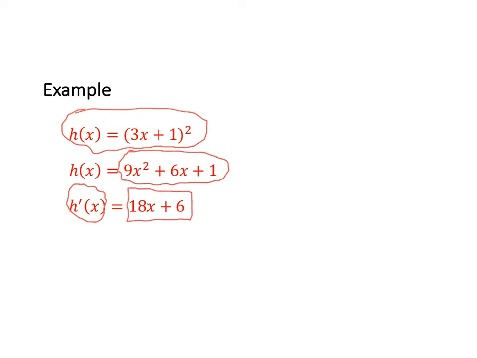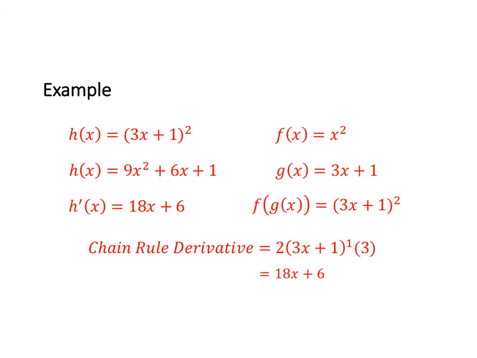But let's look at this if we were to use basically the chain rule. So let's look at it a little bit differently. Let's start with a function f, which is basically we're going to square something, okay? So we take what's in the parentheses and square it. We have a function g, which takes what's in the parentheses, multiplies it by 3, and adds 1 to it.